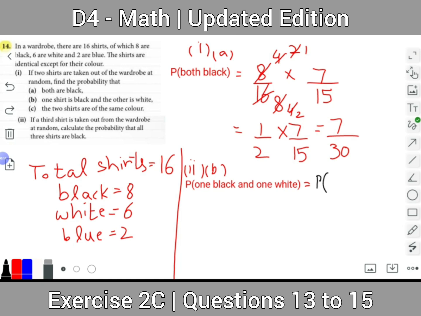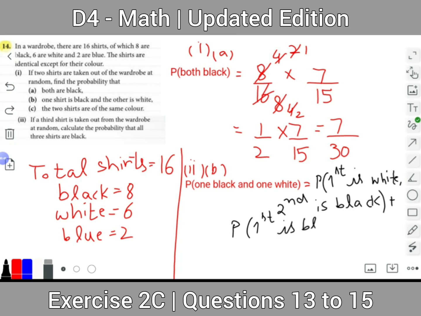So here we have two possibilities. The first possibility is the first is white and the second is black, plus the probability that the first is black and the second is white.